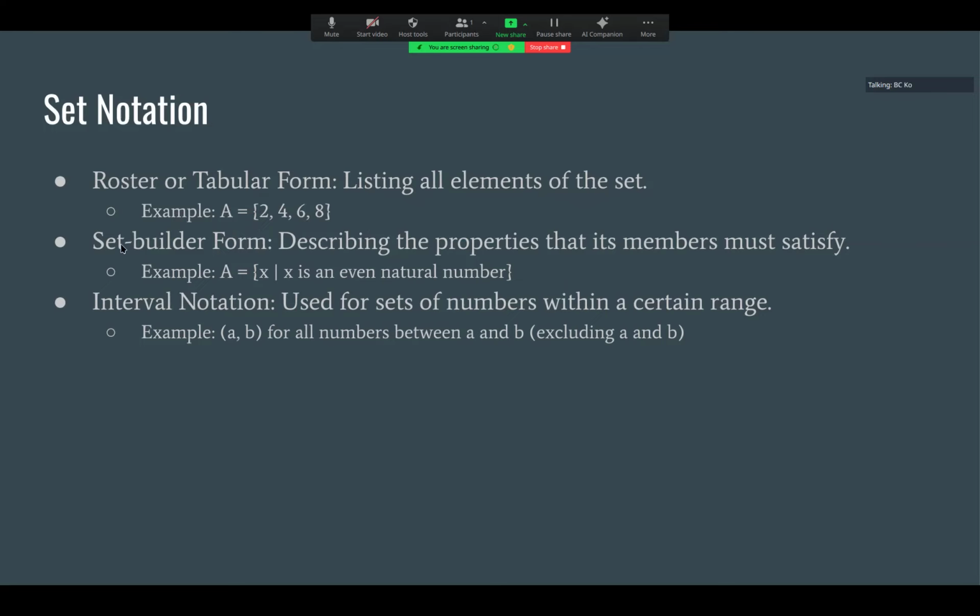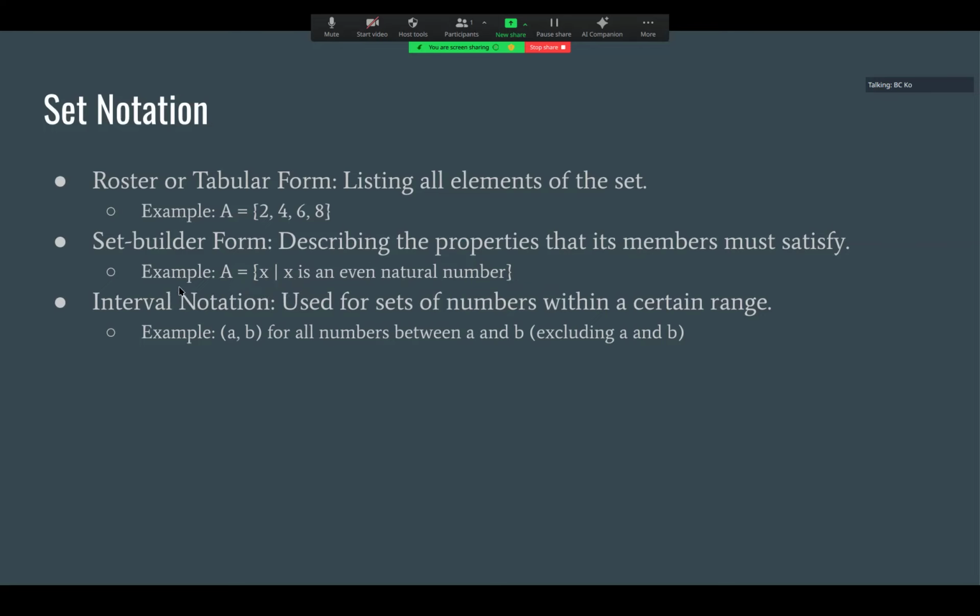And there is the set builder form, which describes the properties that its members must satisfy. For example, a set A is {x such that x is an even natural number}. This is how set builder form works.